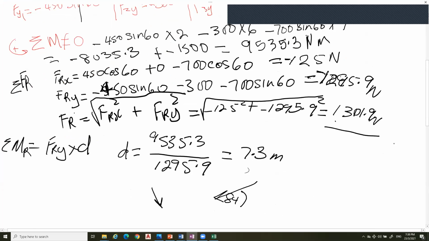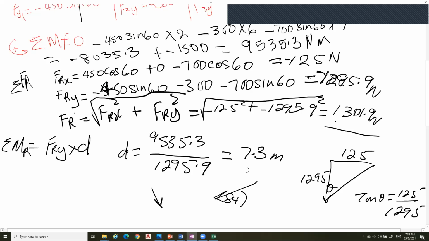The components were both negative. It was that way, and then this way, so that's where it turned. So it was 125 and this is 1,295. So tan theta is equal to 125 divided by this.